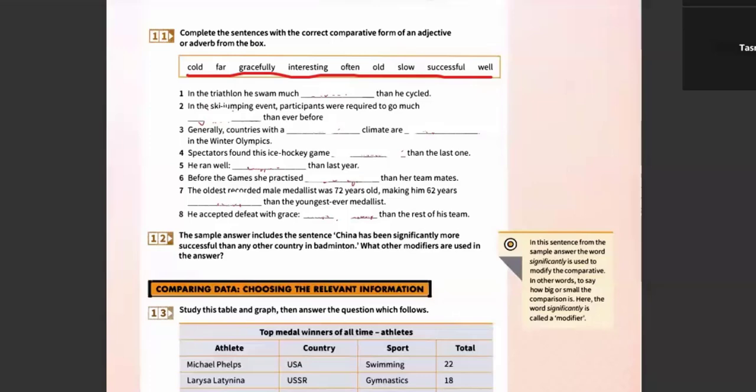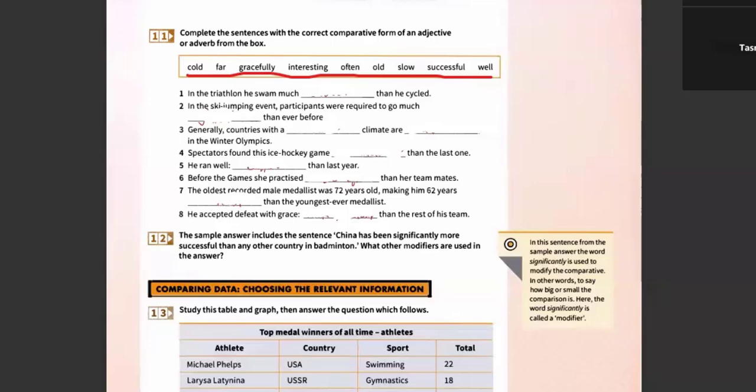To show what level of comparison is going on, whether it is big or small, we include some new words so that the comparative forms are modified or described in a more detailed way. So the words that we use to do that are called modifiers. Is it clear now? Yes.